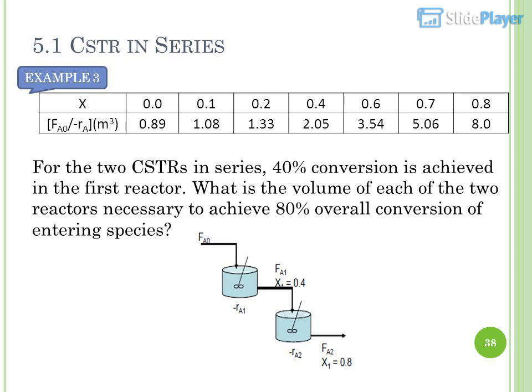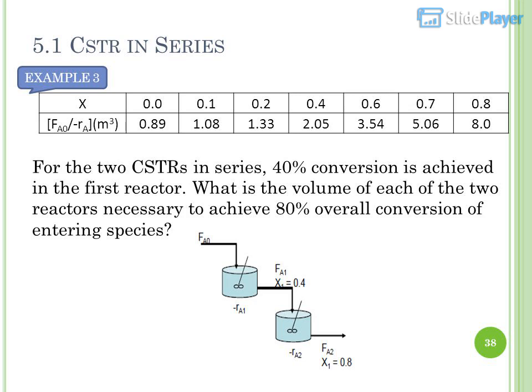5.1 CSTR in series. Example 3. X: 0.0, 0.1, 0.2, 0.4, 0.6, 0.7, 0.8. FA0/Ra in cubic meters: 0.89, 1.08, 1.33, 2.05, 3.54, 5.06, 8.0.